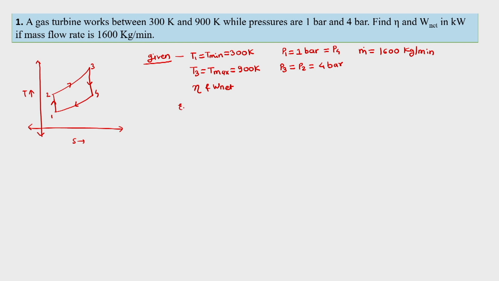So we need to find out efficiency. For that, first let us find out Rp. Rp is equal to P2 by P1, which is equal to 4. So now the pressure ratio is known to us, but this 4 is also equal to P3 by P4. We know that efficiency of Brayton cycle is 1 minus 1 upon Rp raised to gamma minus 1 upon gamma.